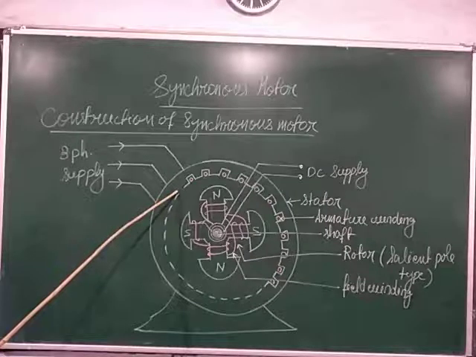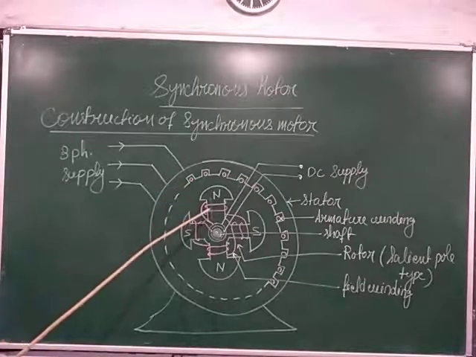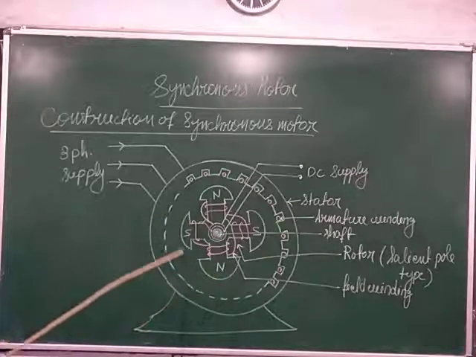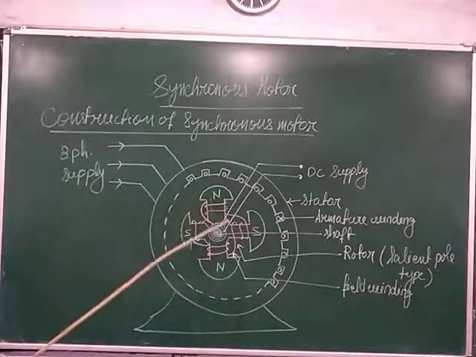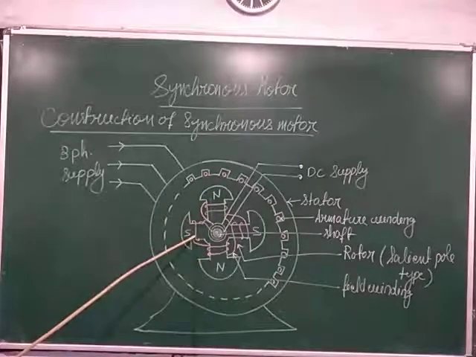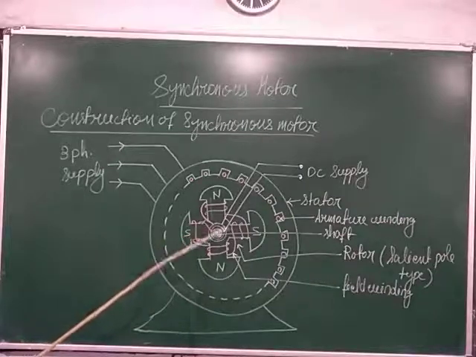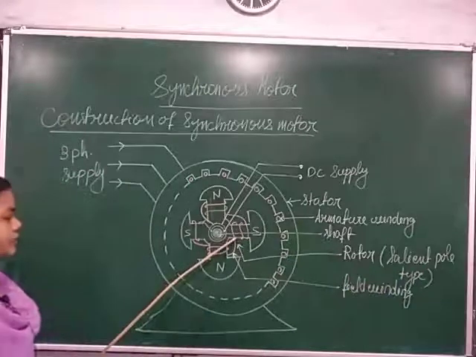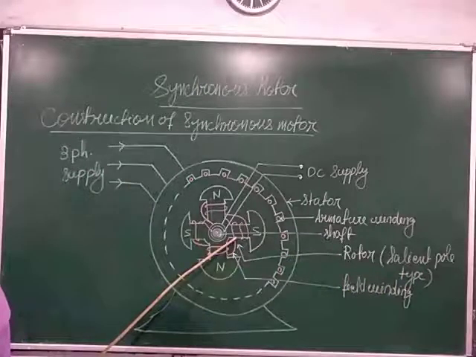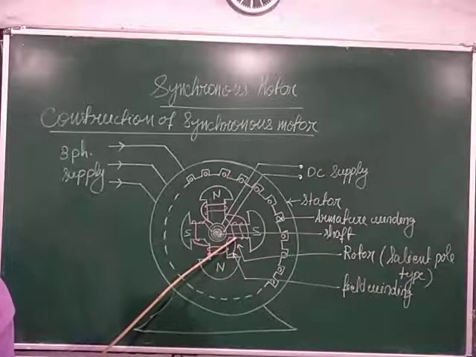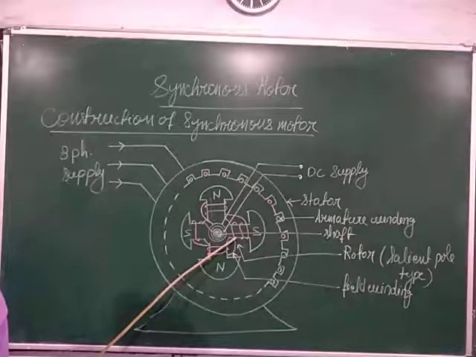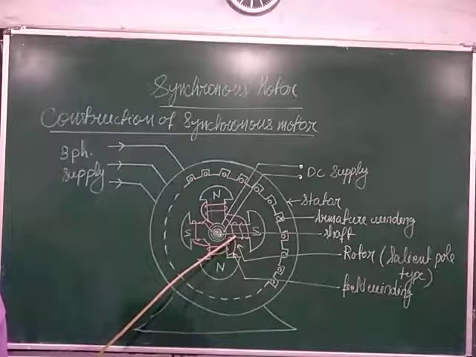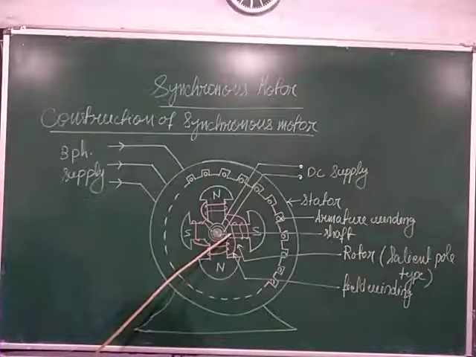Then the rotating part consists of the field windings. Here I take a salient pole type rotor construction, which has different advantages, which we have already discussed in the alternator chapter.